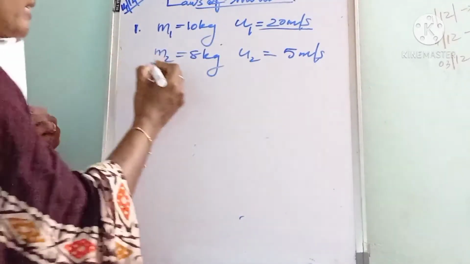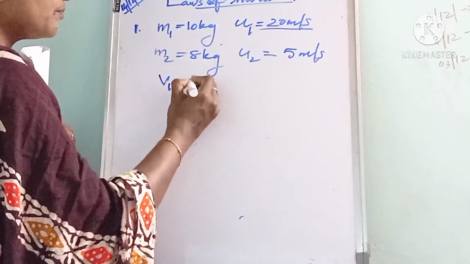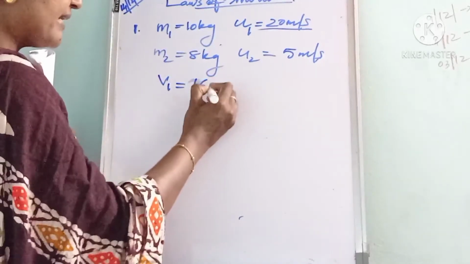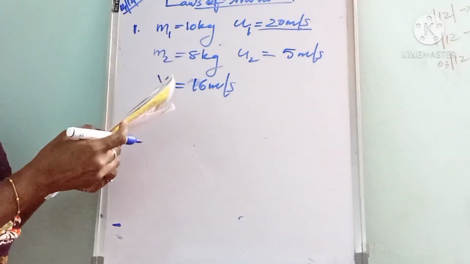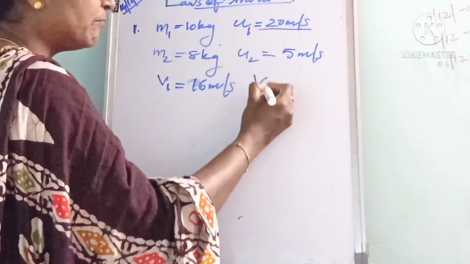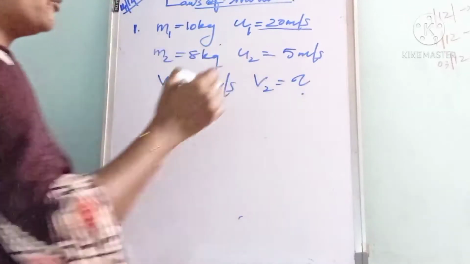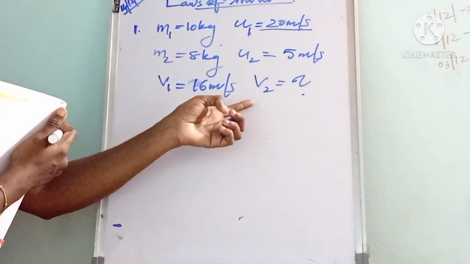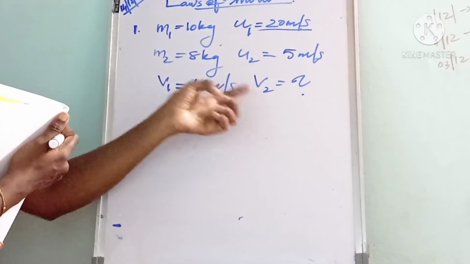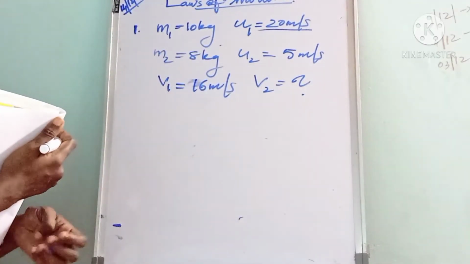Then after collision, it reduces to 16 meter per second, that is v1 equal to 16 meter per second. Then we have to find the final velocity of the second body, that is the latter, v2 we have to find. Listen to it. Here the final velocity of the second body we have to find.